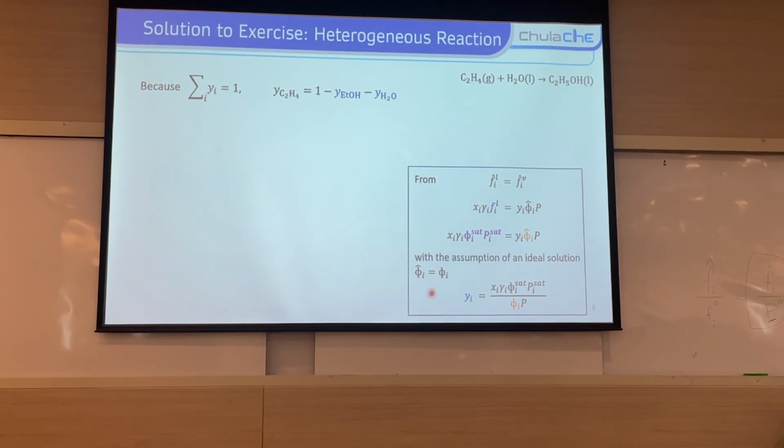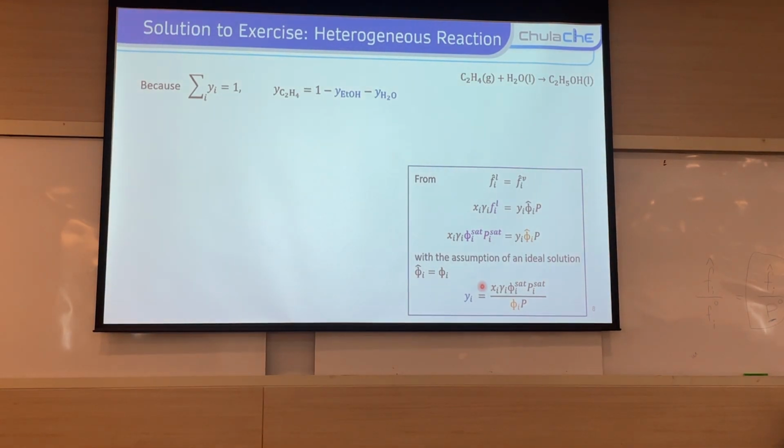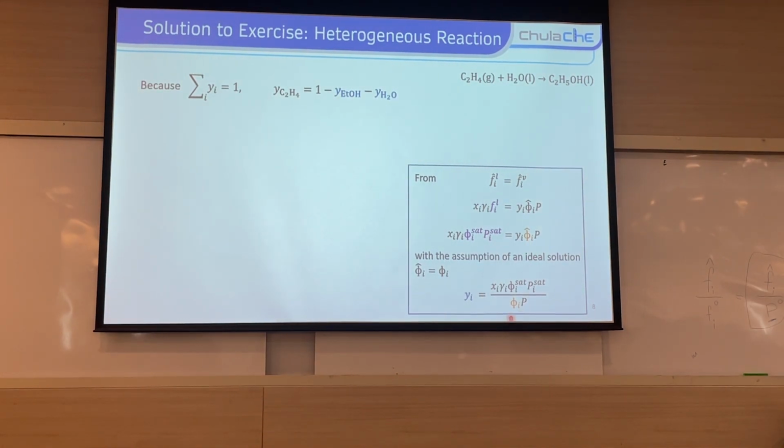solution, in that case you can change the orange term, which is the viscosity coefficient of the solution, into the viscosity coefficient of pure species. So then the orange term is changed to the property of pure species. And then you rearrange again to get the expression in terms of the mole fraction of each species.